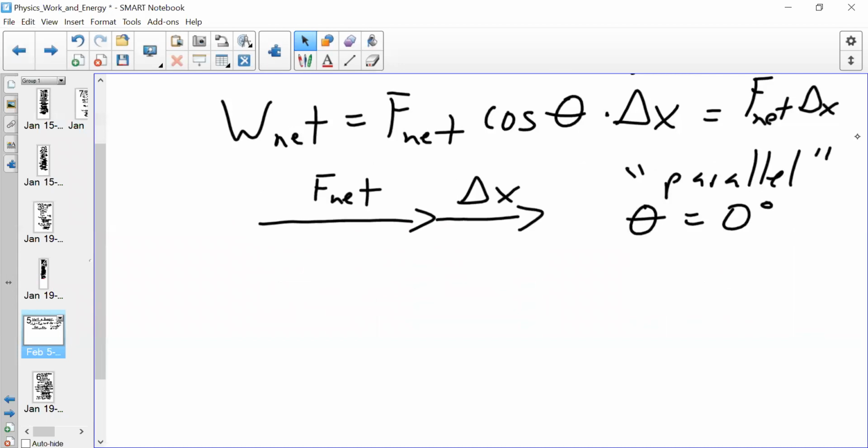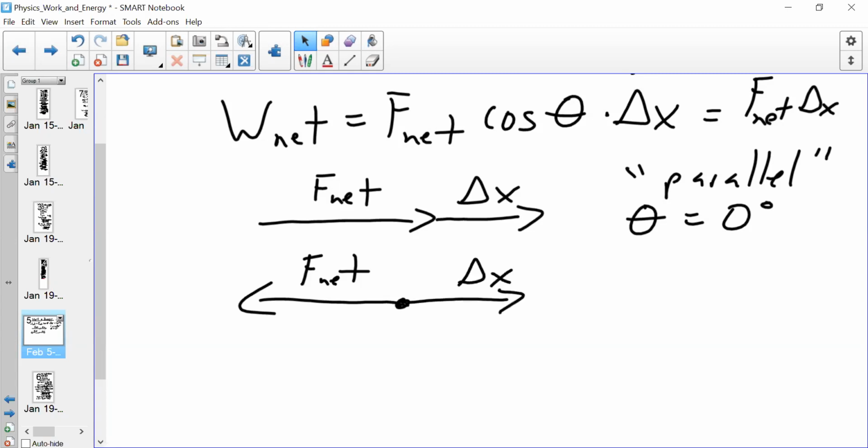So they're in the same axis. They can be anti-parallel or opposite directions, as in the case of friction. If friction is the only force or the net force in the system causing the object to slow down, or if friction is the dominating force, then obviously this object is going to slow down due to friction.